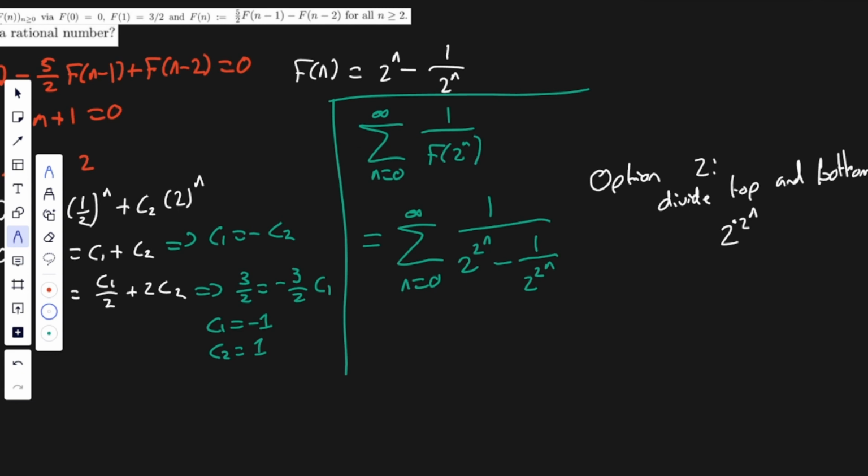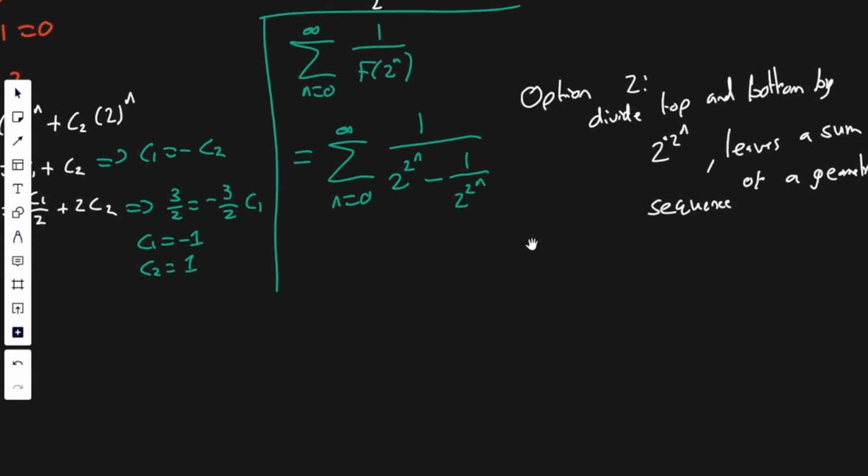This is going to leave you a sum of a geometric sequence. And then what you're going to do is, instead of writing that sum, just put the geometric sequence back. And that's got a really satisfying solution, but it requires a little bit of number theory knowledge.